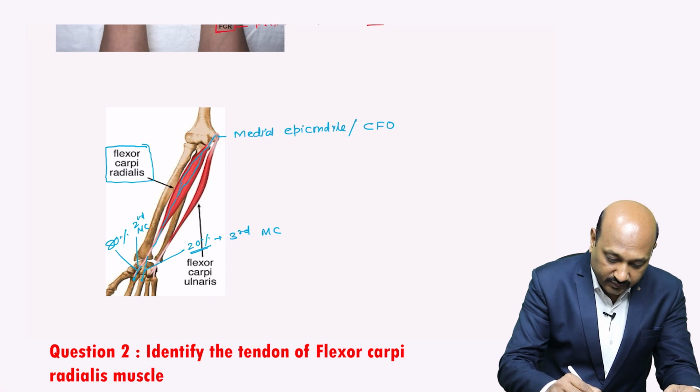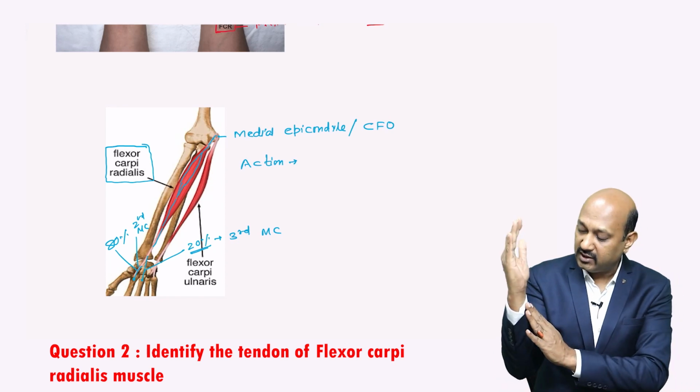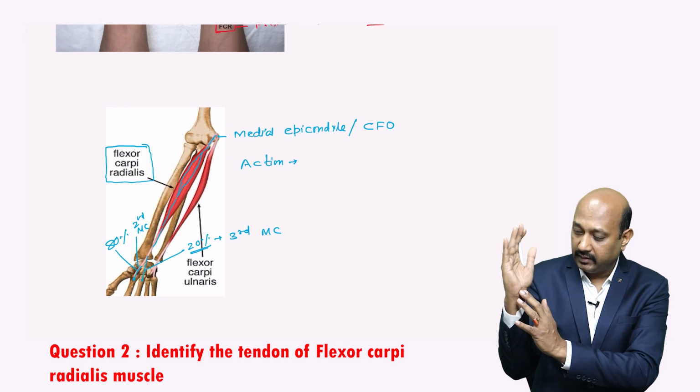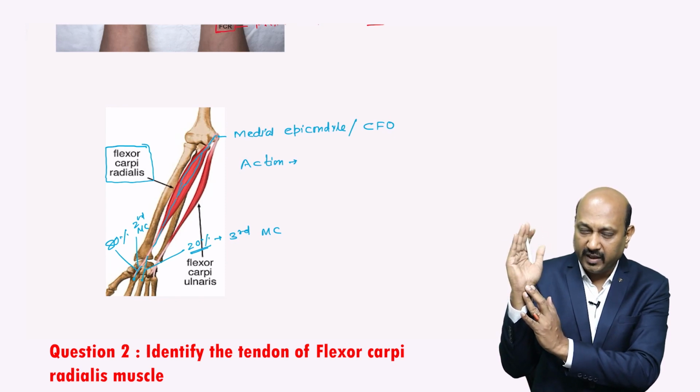What would be the action, or the function, of this muscle? Since this muscle crosses the wrist joint, it produces flexion at the wrist joint. That is the main function.